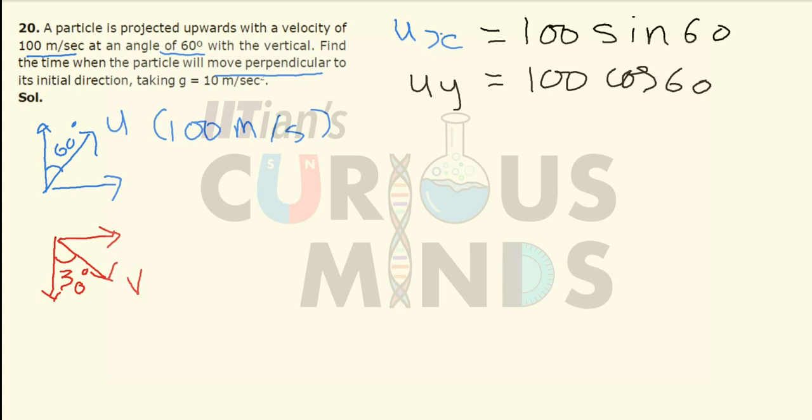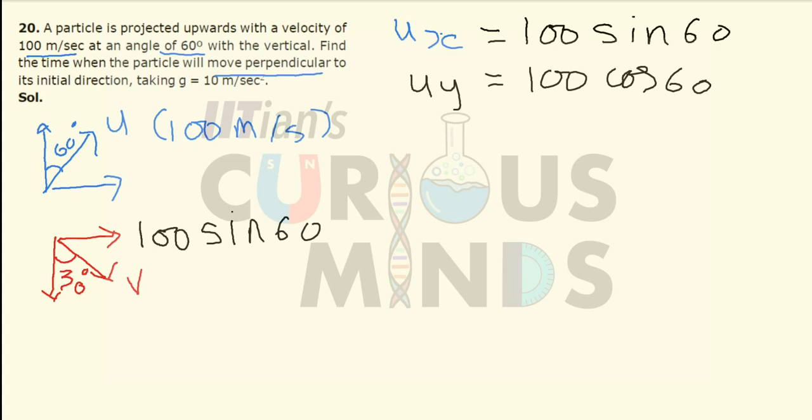Suppose after a certain time the velocity is v over here. The horizontal velocity always remains the same, so it will be equal to 100 sine 60, regardless of how much time is spent.